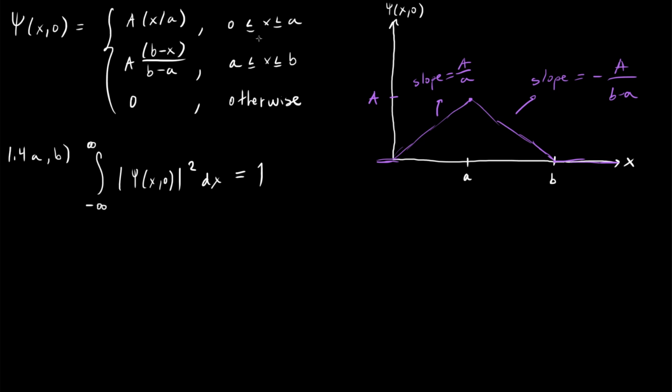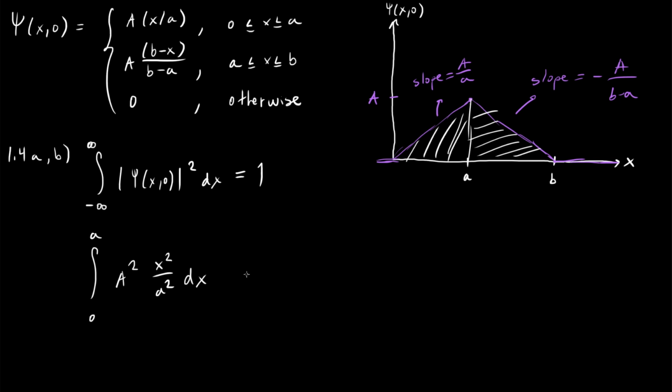Since these intervals are defined by different functions, we have to split the integral up into this part here and then another part right here. So the first half will be from 0 to a, of A squared x squared over little a squared dx.